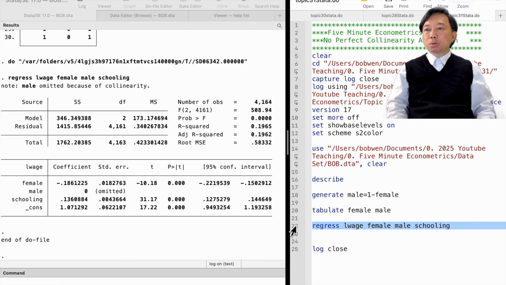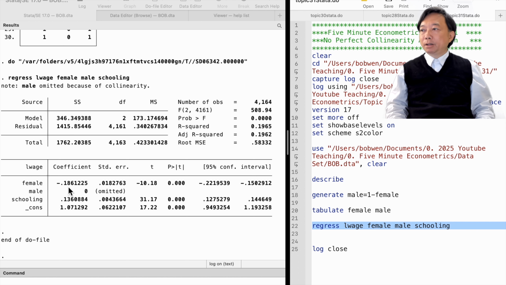Stata will omit one of the variables automatically if there is an exact linear relationship among any of the explanatory variables. For example, we add female and male variables to the model that relates US workers' log hourly wage to education. Stata will drop the male variable and report that it is omitted because of collinearity.